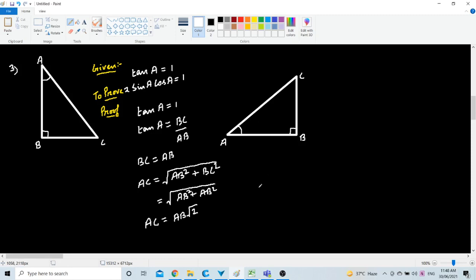Alright. Now, what will be the value of sine A? Sine A is BC upon AC. Now, this is BC upon AB root 2.